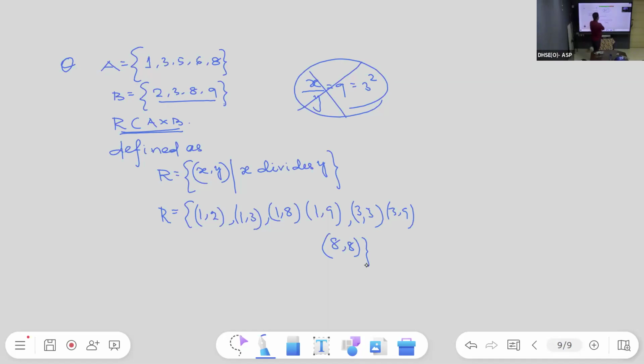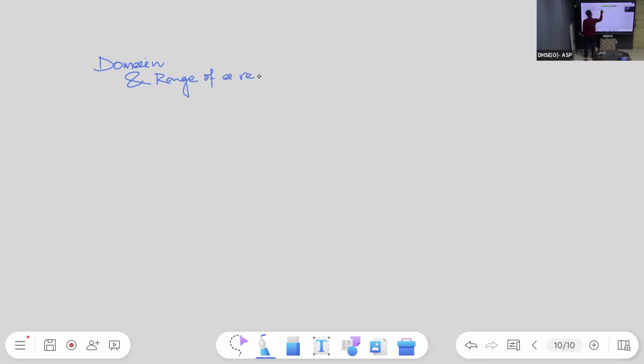Then come to domain and range of relation. What do you mean by domain and range? Write down.